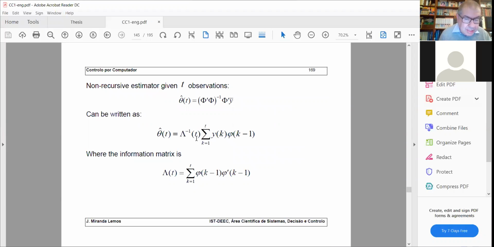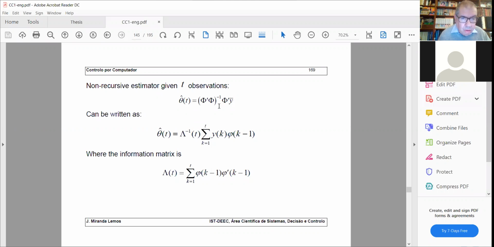So let's write the equations that we had in a different way. So you know the batch least squares estimator: if you have t data points, so you have been observing data for t equal to 0, 1, 2, 3, 4, etc., up to t, the general value of t.